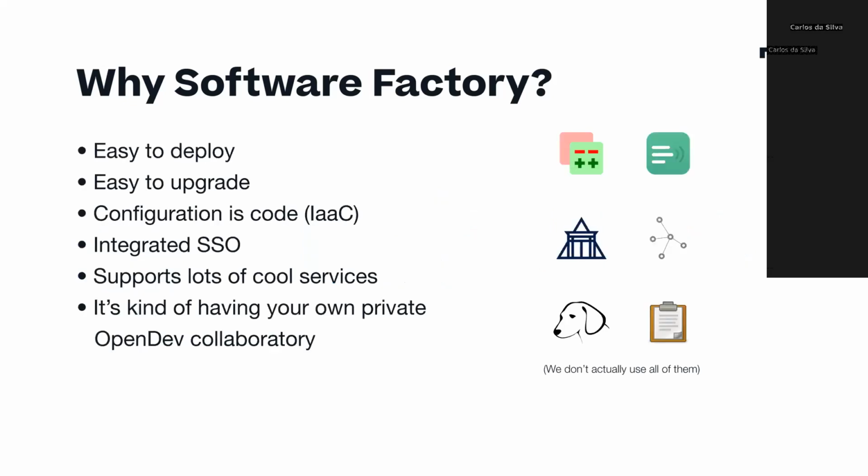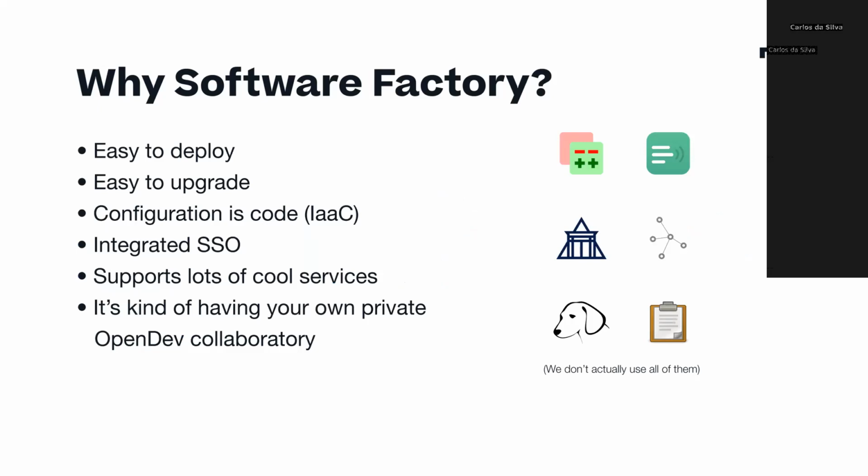It's really easy to deploy, upgrade and maintain overall. To deploy Software Factory, you literally just need 3 commands. It's that easy. It deploys a lot of cool services, not only Zuul.